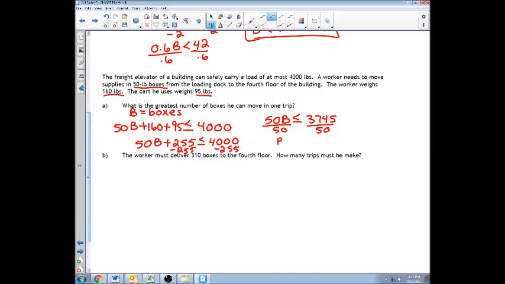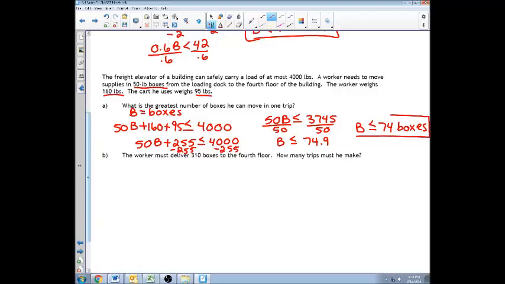So the number of boxes needs to be less than or equal to 74.9 boxes. Well, since I can't have 9/10 of a box, can the total weight exceed the 4,000 pounds? It cannot. So I'm going to round down. So the number of boxes needs to be less than or equal to 74 boxes.